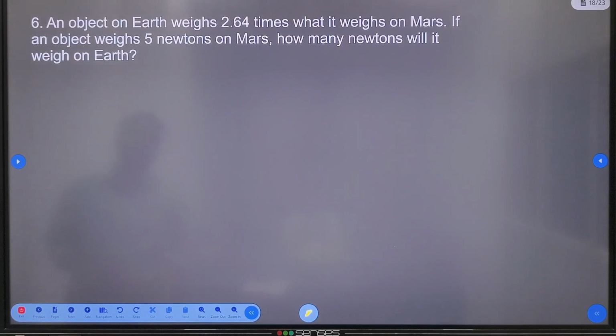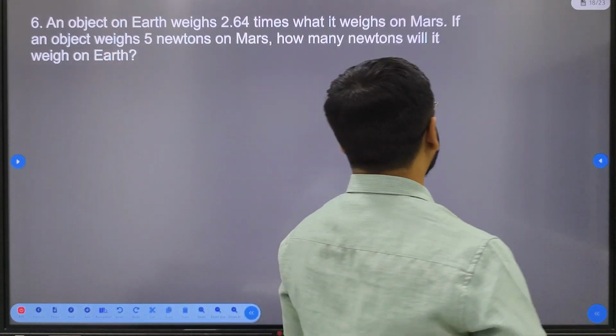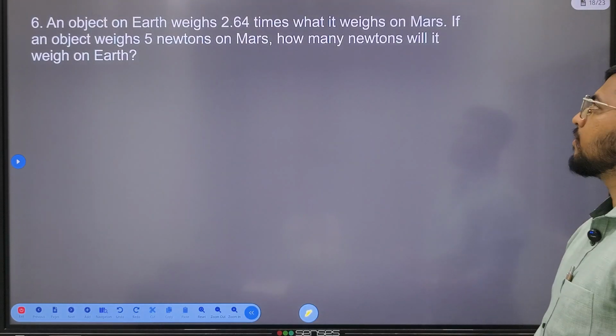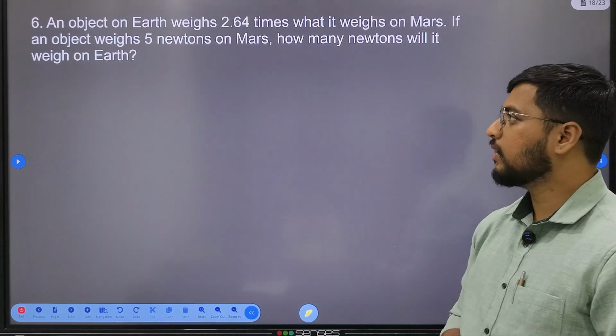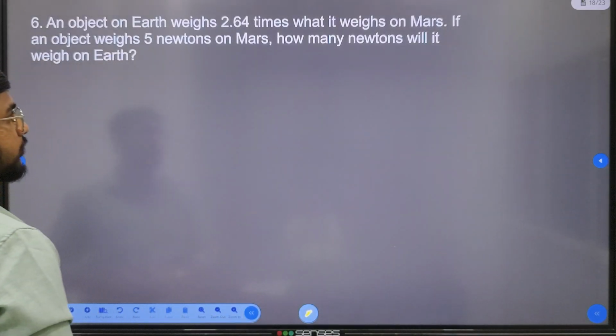Question number 6. An object on Earth weighs 2.64 times what it weighs on Mars. So what do we understand from the first line? An object on Earth weighs 2.64 times.